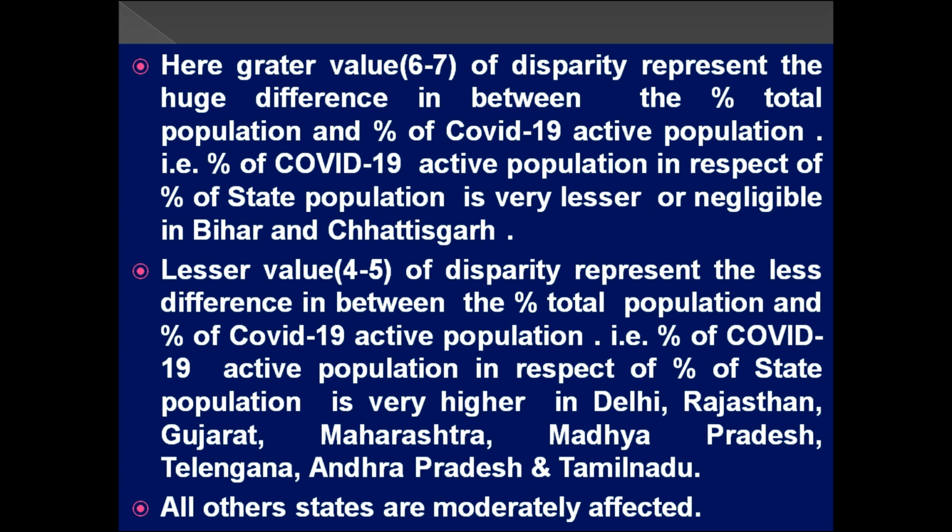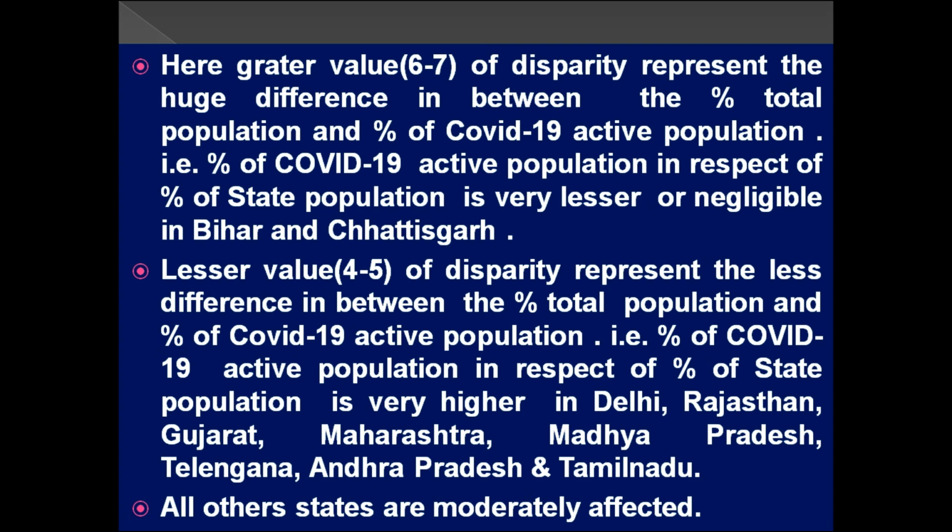A lesser disparity value of 4 to 5 represents a smaller difference between the percentage of total population and the percentage of COVID-19 active population. That is, the percentage of COVID-19 active population with respect to the percentage of state population is very high in Delhi, Rajasthan, Gujarat, Maharashtra, Madhya Pradesh, Telangana, Andhra Pradesh and Tamil Nadu. All other states are moderately affected.